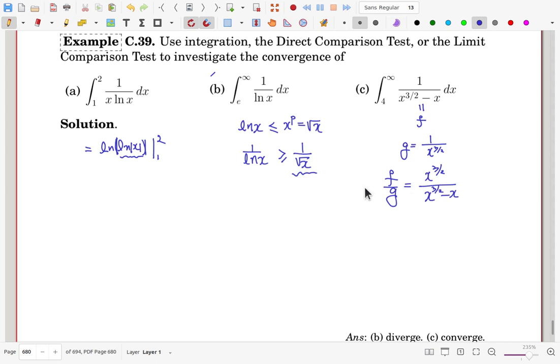Now we take the limit as x approaches infinity of this quotient. Then we can easily see that it's approaching 1. Its highest power is 2, with coefficients 1 and 1, so the value is 1. So the convergence of this one is the same as the convergence of the integral of that over the same infinite interval. But we already know that this p is larger than 1, so it is convergent. So this should be convergent, right?